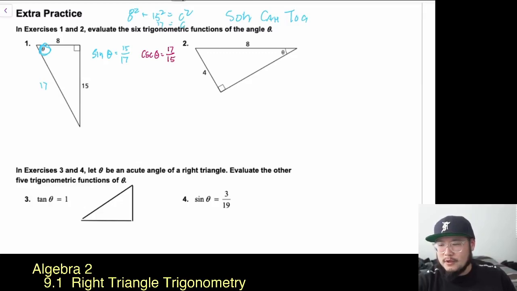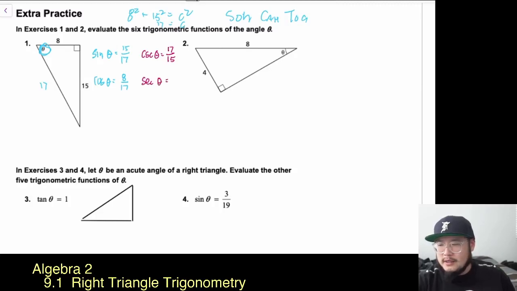Next up, cosine theta. Cosine is adjacent over hypotenuse: adjacent is 8, hypotenuse is 17. Adjacent means it's next to the angle, but it can't be the hypotenuse, that one is always its own entity. The inverse of cosine is secant theta, and that's 17 over 8.